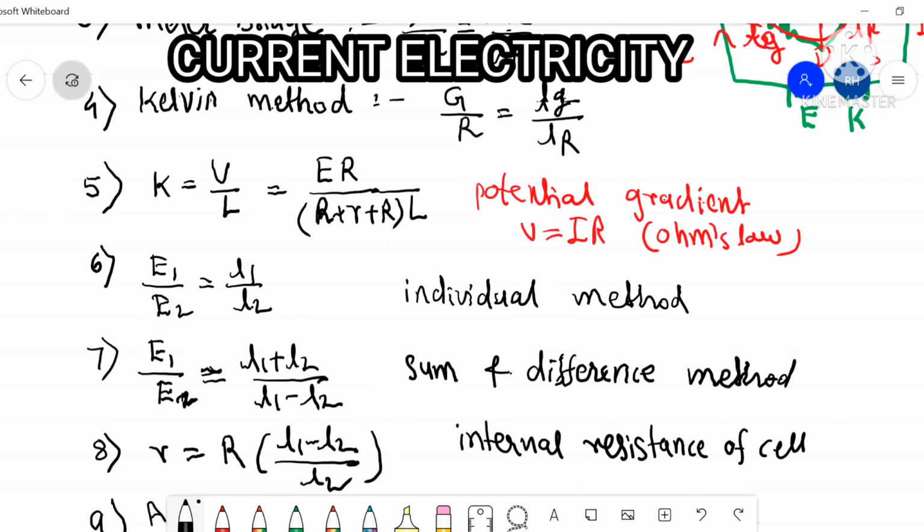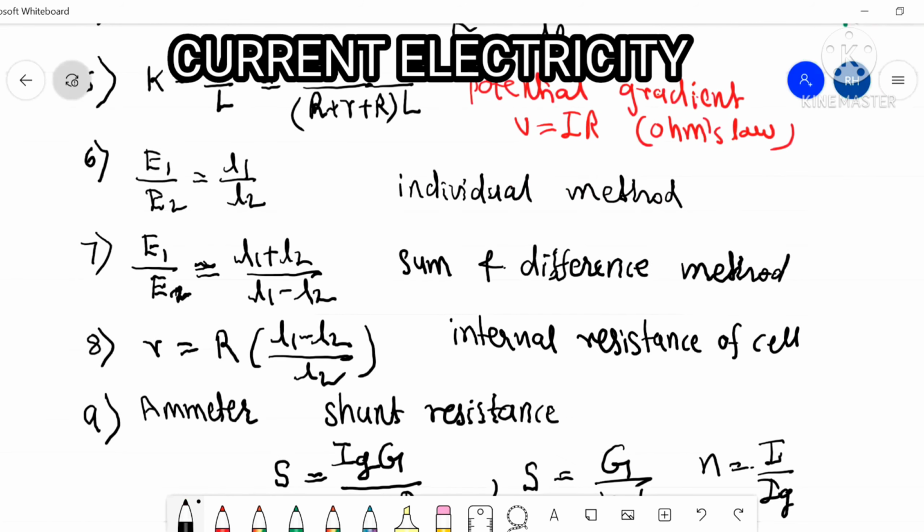In the potentiometer, if the word individual method is there, use the formula E1 upon E2 is equal to L1 upon L2. Next is the sum and difference method: E1 upon E2 is equal to L1 plus L2 divided by L1 minus L2. And for the internal resistance method, use the formula small r is equal to R into L1 minus L2 upon L2.